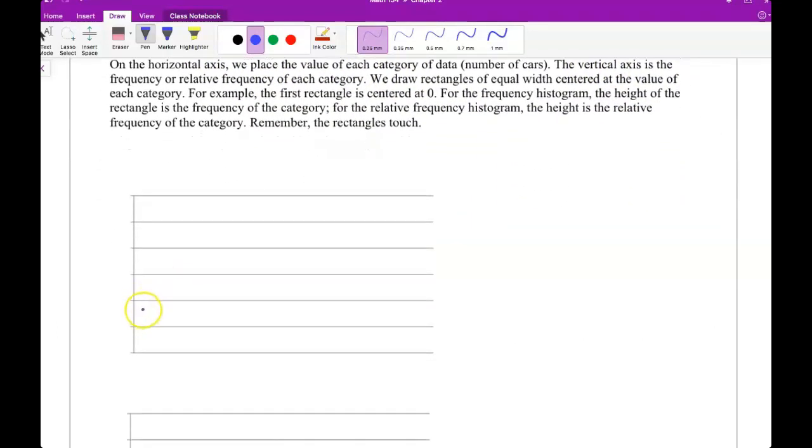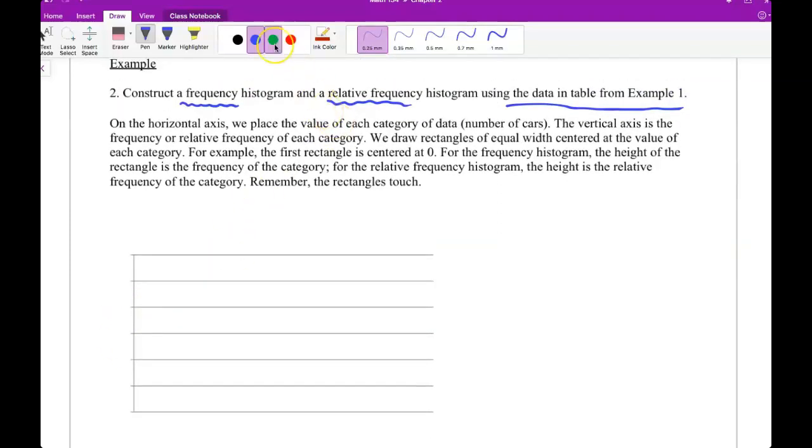Let's do frequency first. Here I'm writing what we have for number of cars. This is for available cars in the household.